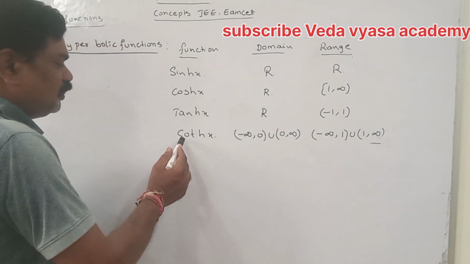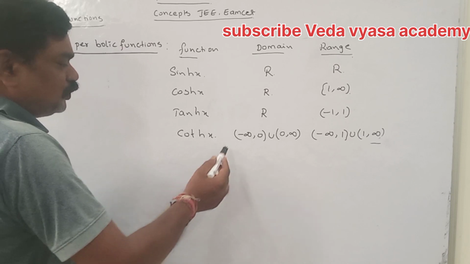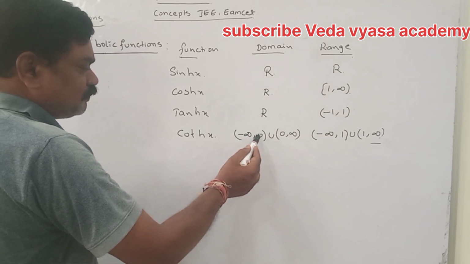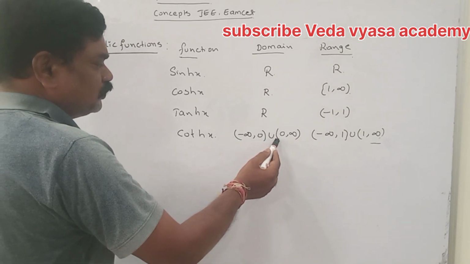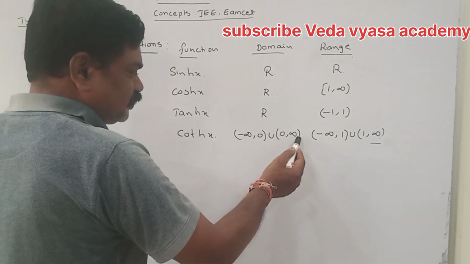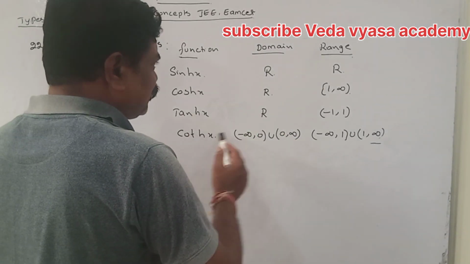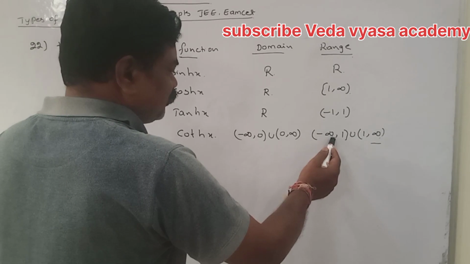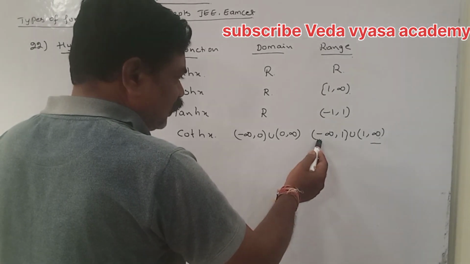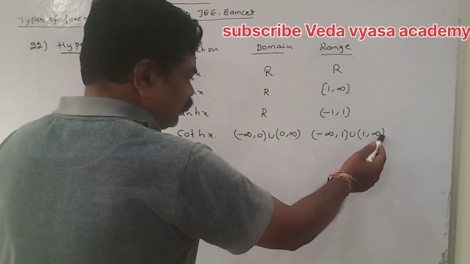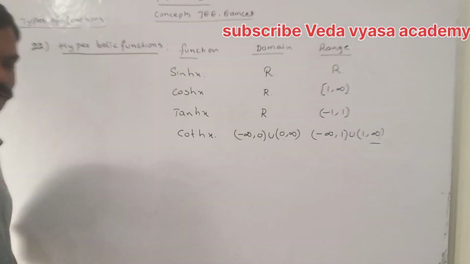Cot hx domain open interval minus infinity to 0 union open interval 0 to infinity, and range open interval minus infinity to 1 union 1 to infinity.